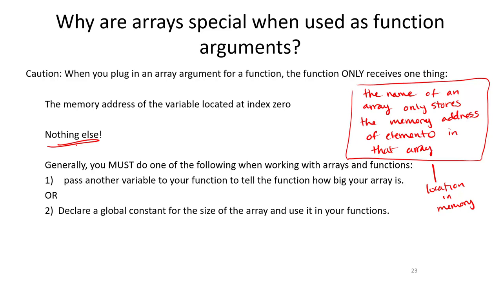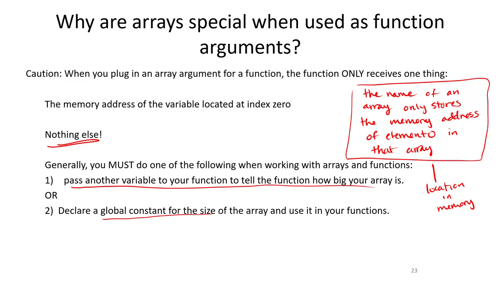Notice that the memory address will not tell the function how big the array is. It's not going to directly tell the function all the data in that array. So generally, when working with arrays and functions, you need to either pass another variable to your function to tell the function how big your array is, or you need to declare a global constant for the size of the array.